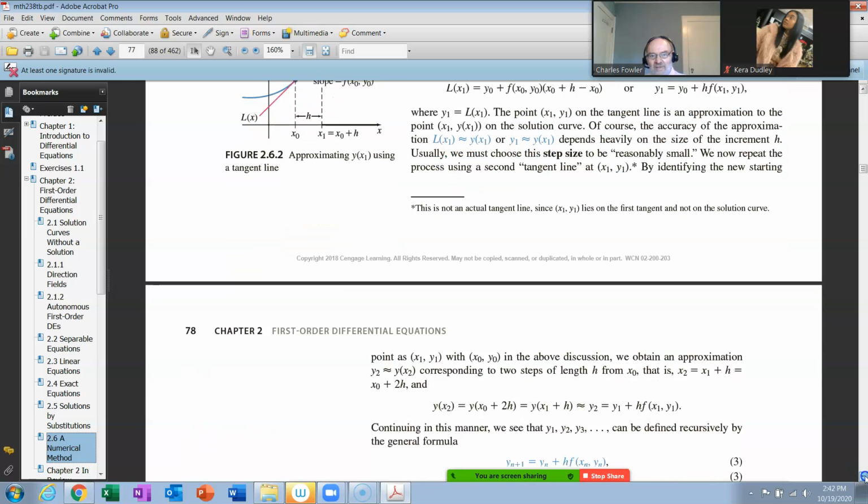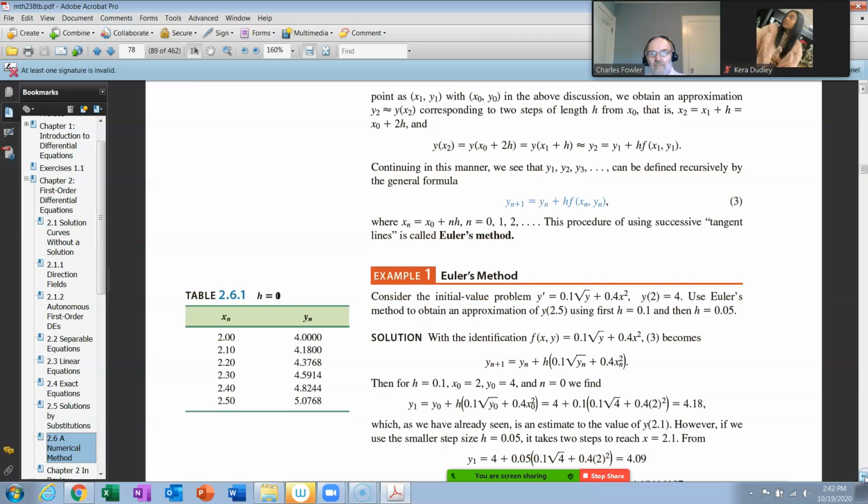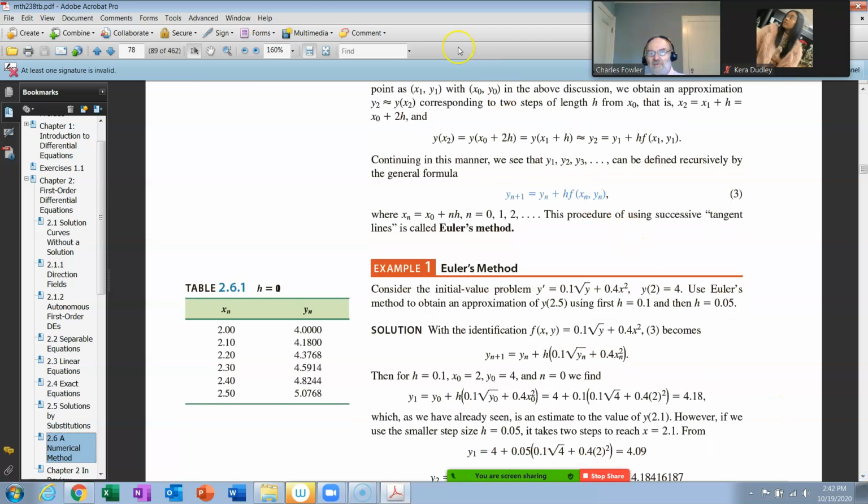Okay? So let's scoot on down here to this. So you obtain an approximation y2 is about equal to y of x sub 2, corresponding to 2 steps of length h from x0. So x2 is equal to x1 plus h, and that would be x0 plus 2h. Now, I don't know why they brought that into play. You very seldom use it. They show it here, but that's what it approximates to be.